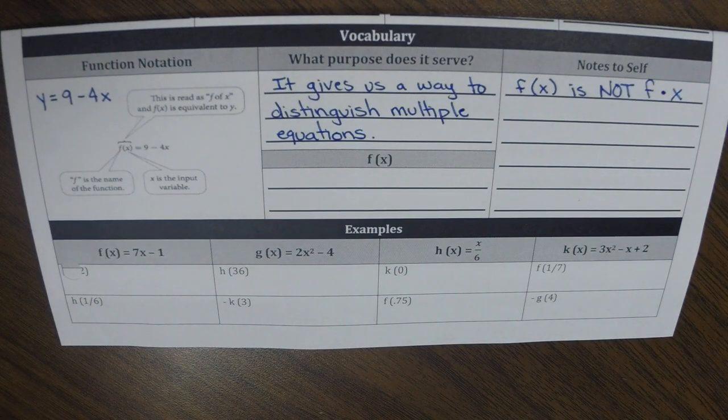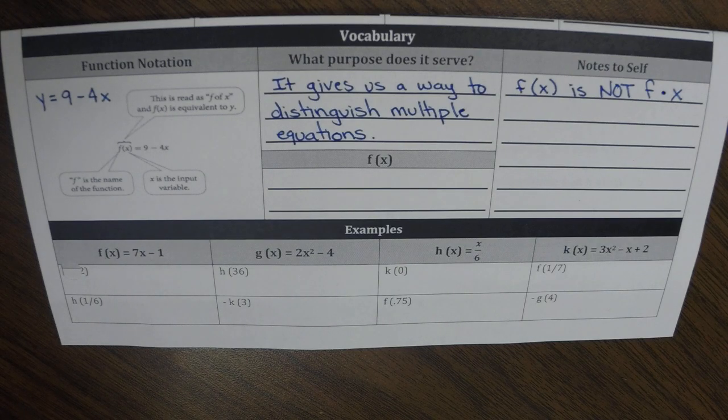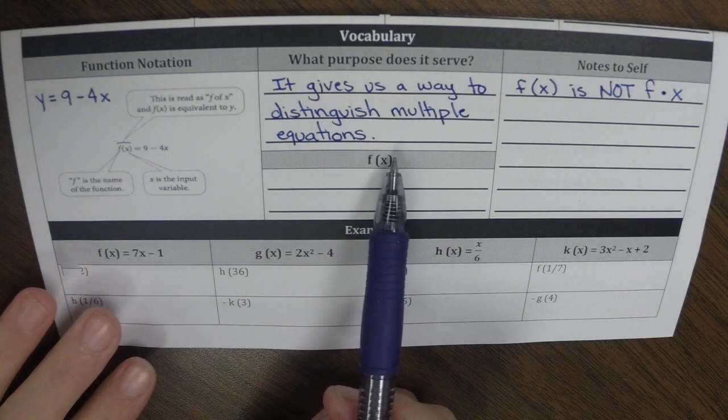It's kind of the same thing as if you have a bunch of kids with the same name in a room, you usually start to give some of them a nickname. So let's say we had two Joshuas. Well, you might call one of them Joshua and one of them Josh. Or you might call one of them whatever their last name is, and call the other one Josh. So you find a way to distinguish between like things. And that's what function notation does.